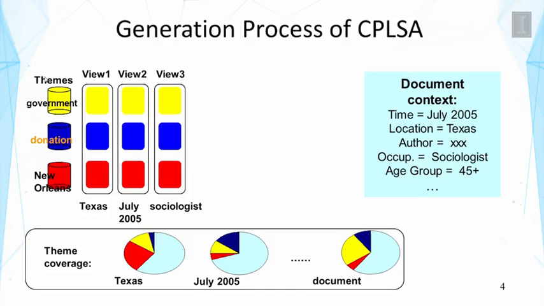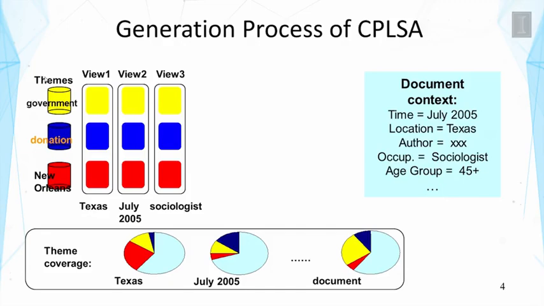Particularly, we're going to explain the generation process of text data that has context associated in such a model. So as you see here, we can assume there are still multiple topics. For example, some topics might represent themes like government response, donation, or the city of New Orleans. Now this example is in the context of Hurricane Katrina, which hit New Orleans.